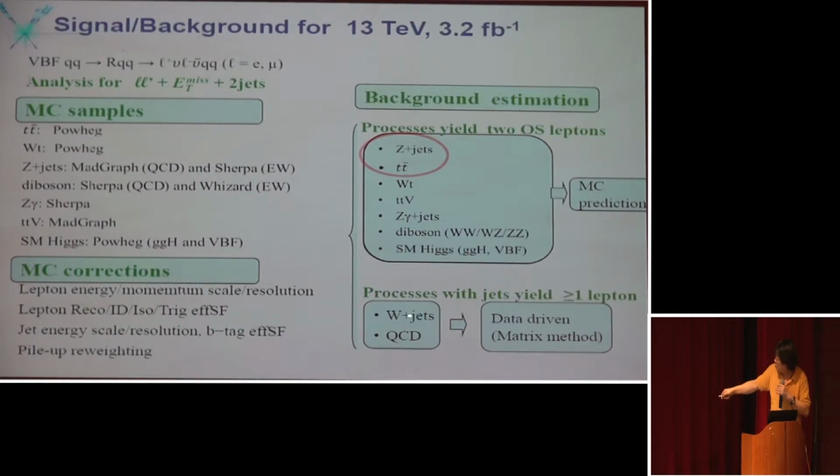Another rather large background is W plus jet. This is because the QCD cross section is like 1,000 times higher than whatever you want to look for. For the Monte Carlo background, there are plenty of packages to choose from, for example, Z plus jet and so on.